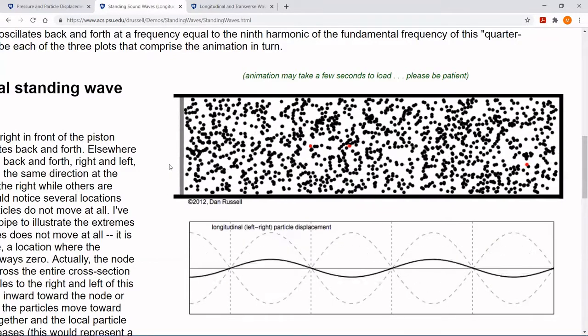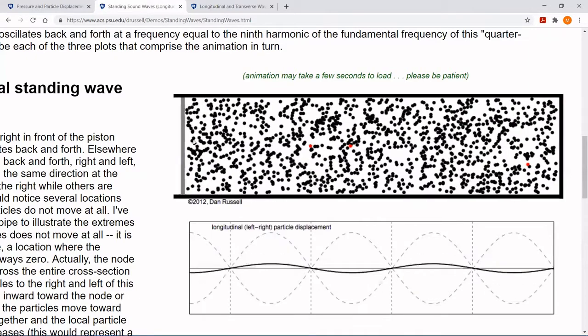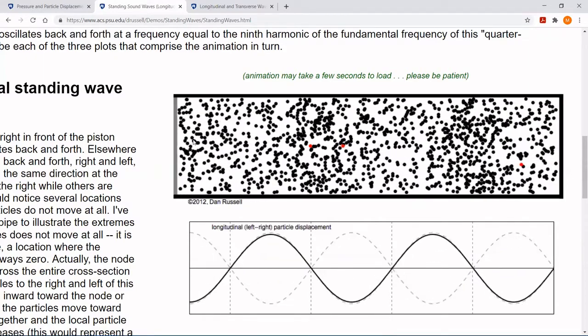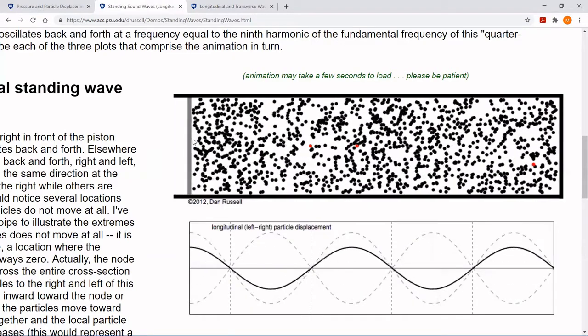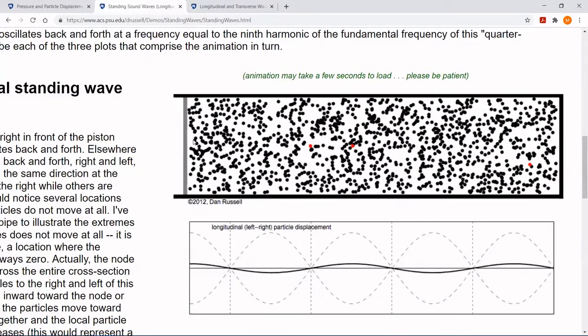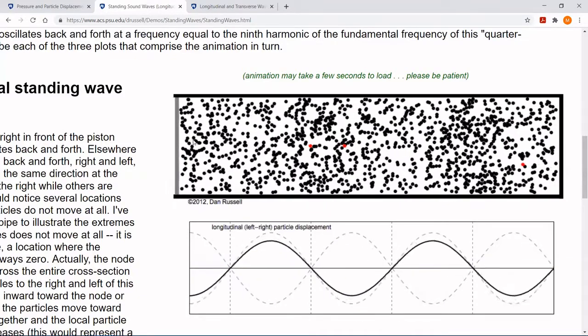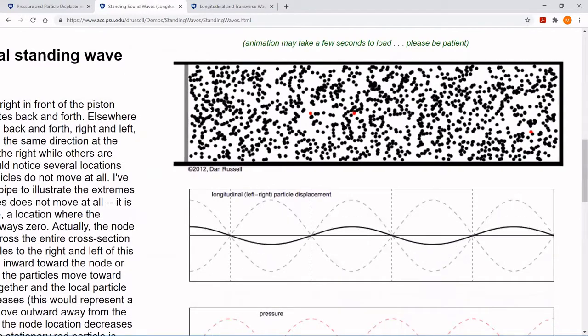So you just make the assumption that just on the other side of the piston, inside the tube, that pressure must match atmospheric pressure. And when it comes to musical instruments, you don't even have to worry about that, because a trumpet, for instance, is open at the bell end. It is open to the atmosphere. All right, so that's I guess the third observation we'll make about this simulation here.